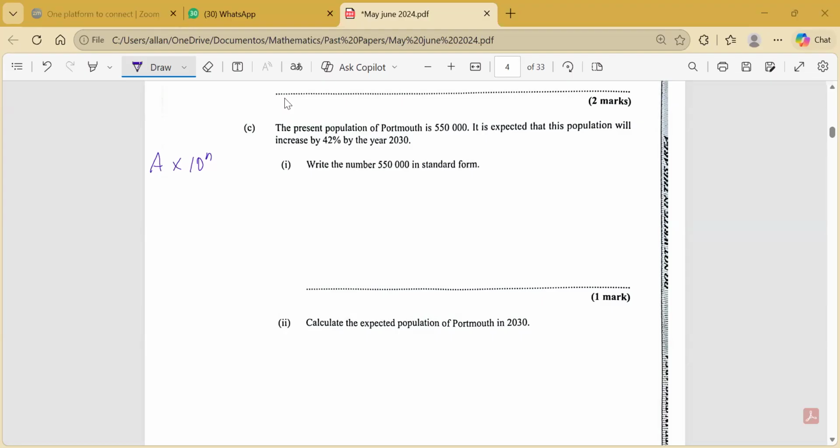Yudaya, both answers are correct. Garcia, your standard form is correct and your answer is correct.